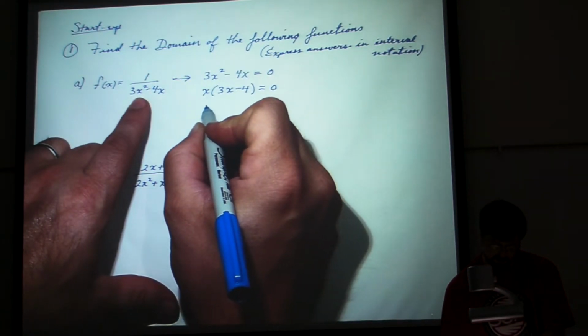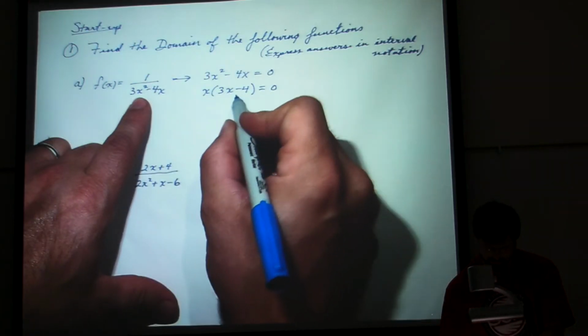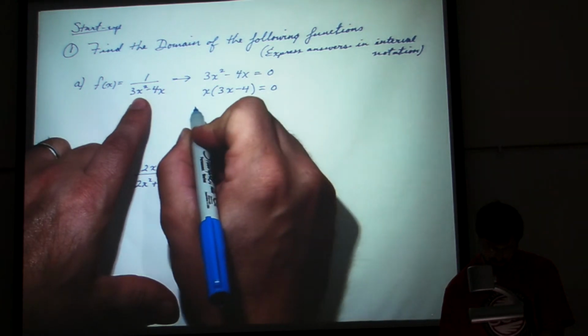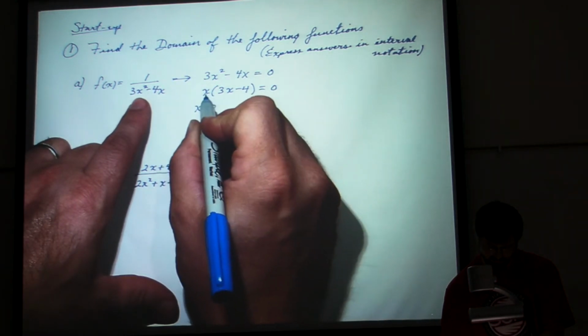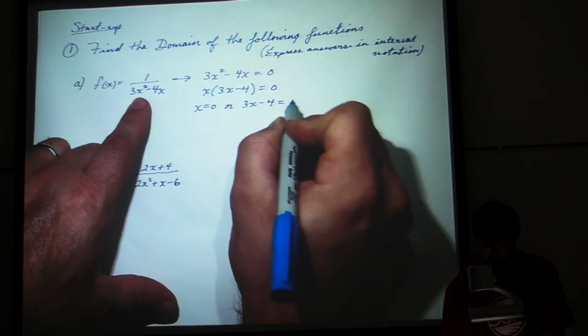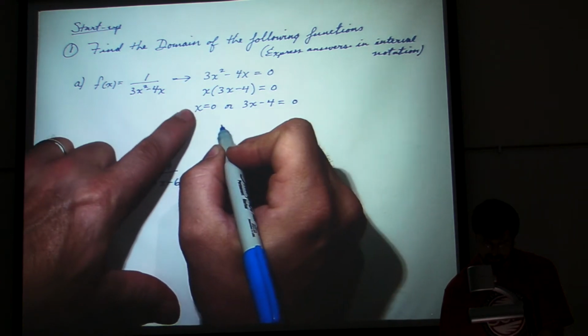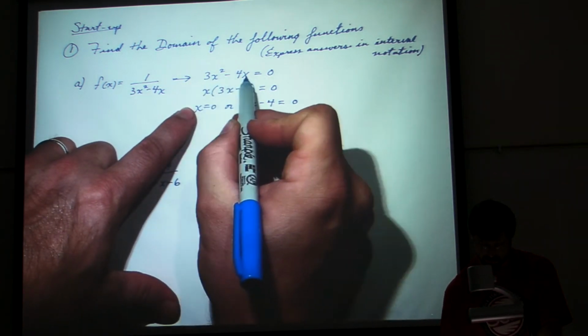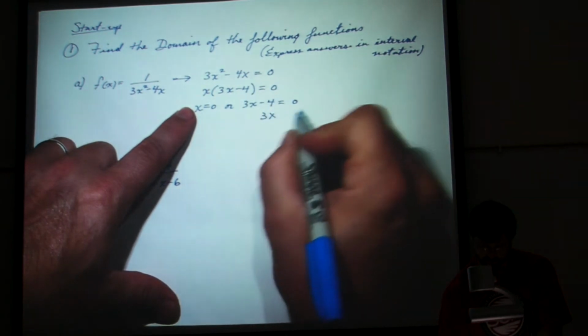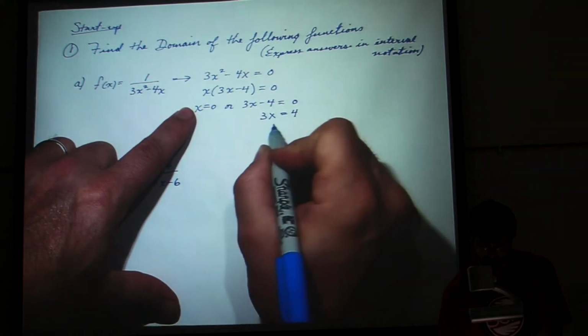So by zero product property, if this times this equals 0, then either x has to equal 0, that's the first factor, or the second factor, 3x minus 4, has to equal 0. So we already have one of our solutions to this equation. And the other one, if we move the negative 4 to the other side, it becomes positive.